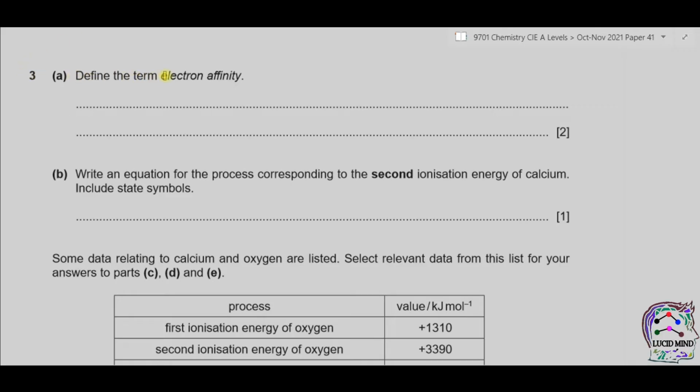Question 3 part A, define the term electron affinity. Now electron affinity is the energy change when an electron is gained.